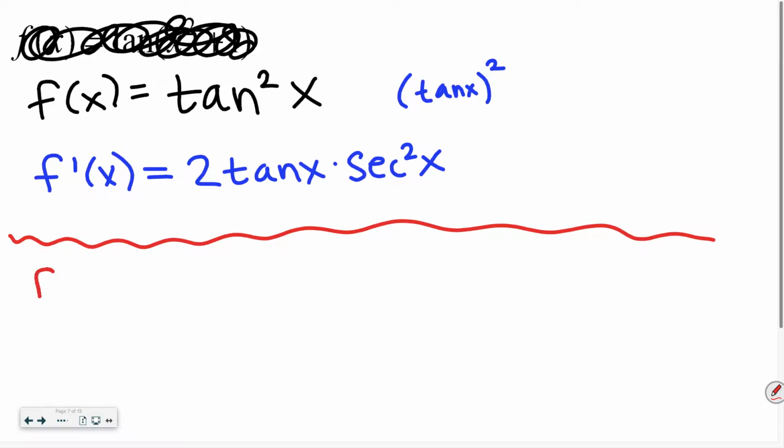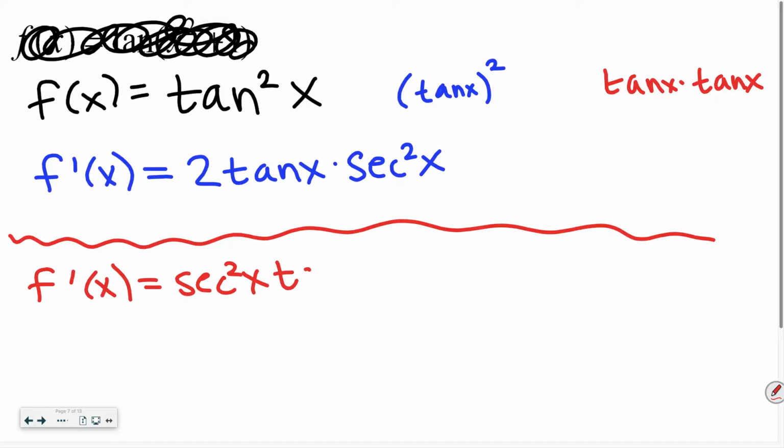So if we are thinking of this as tangent times tangent, then we have the derivative of tangent times the second function, plus the first function times the derivative of the second function.